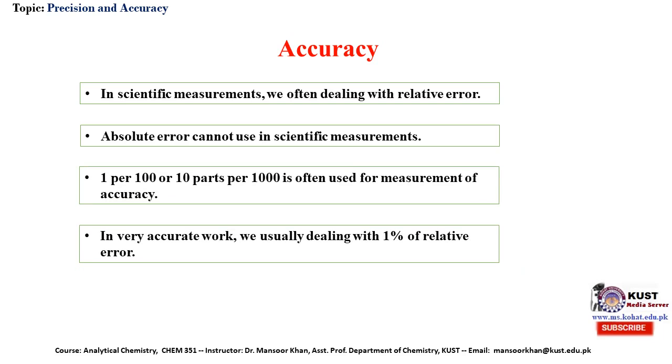In very accurate work, we usually deal with 1% of relative error. It means that 1% of relative error is acceptable in scientific work.